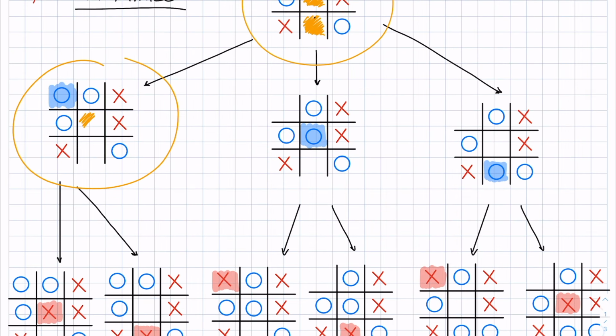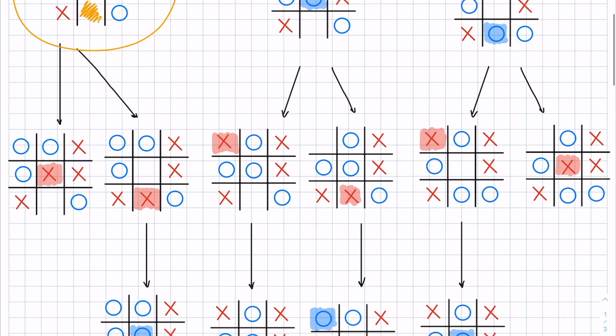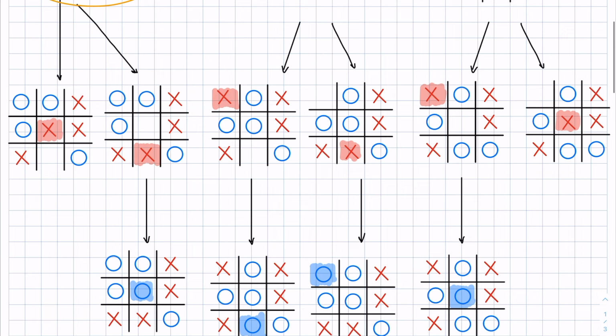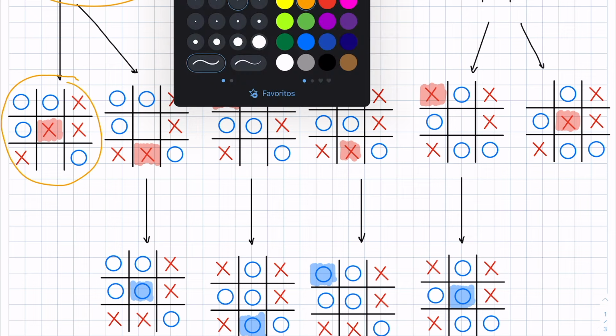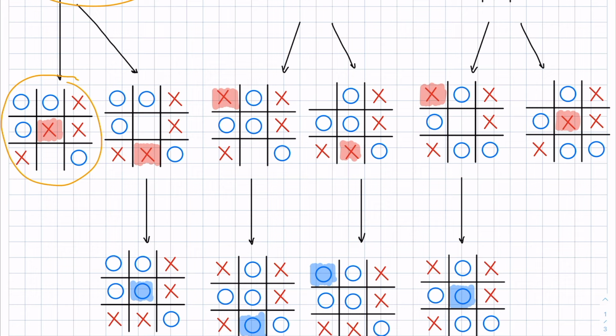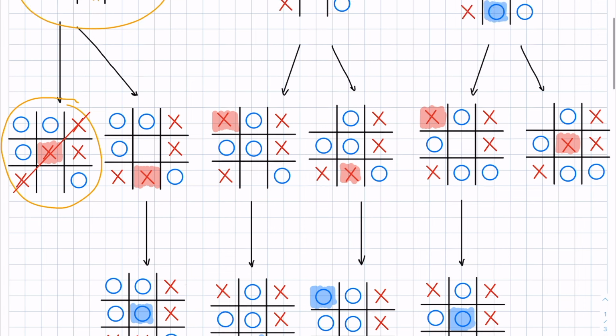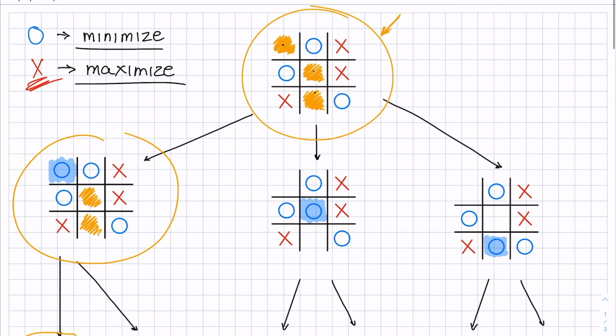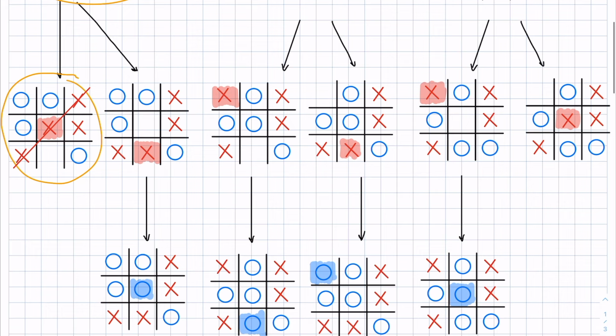We're going to get all empty squares, and we want to do the same thing. So let's start with the one on the left. Now the one on the left actually has a terminal case. The terminal case is that the player that is maximizing, so the one with the crosses, actually won.